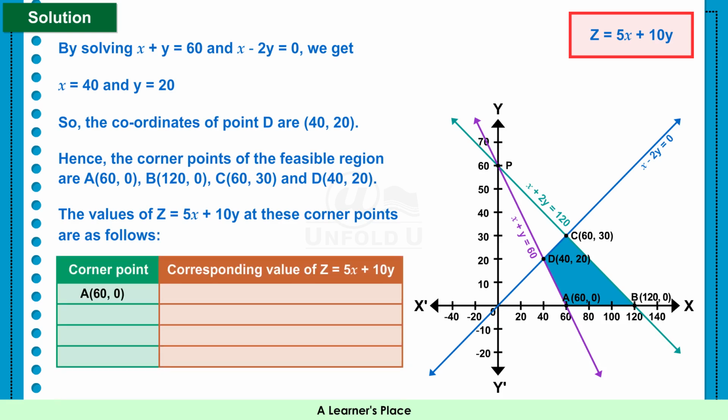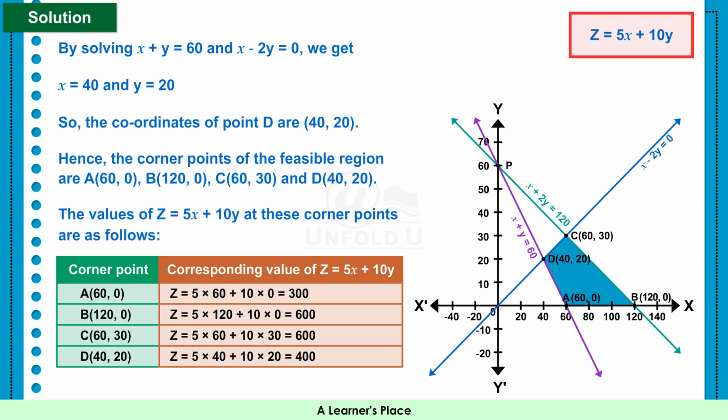When x is equal to 60 and y is equal to 0, then z is equal to 300. When x is equal to 120 and y is equal to 0, then z is equal to 600. When x is equal to 60 and y is equal to 30, then z is equal to 600. And when x is equal to 40 and y is equal to 20, then z is equal to 400.